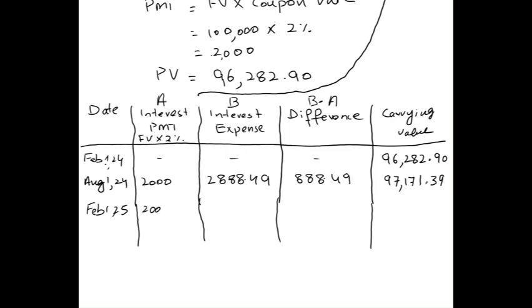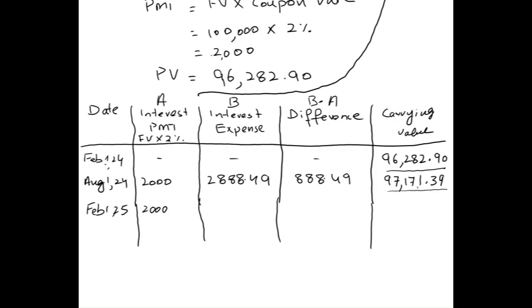So this will always be the same, 2,000. This amount will change, and it will change because it depends upon your market rate and your carrying value. Your market rate stays constant, which is 3%, but your carrying value, you see it changes. For the previous payment, the carrying value was 96,282.90, this one. In this case, on the February 1st payment, the carrying value is going to be now this one.